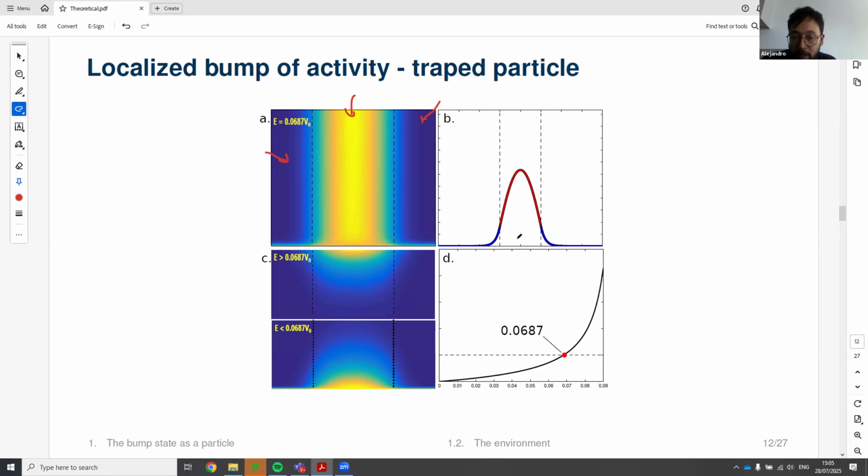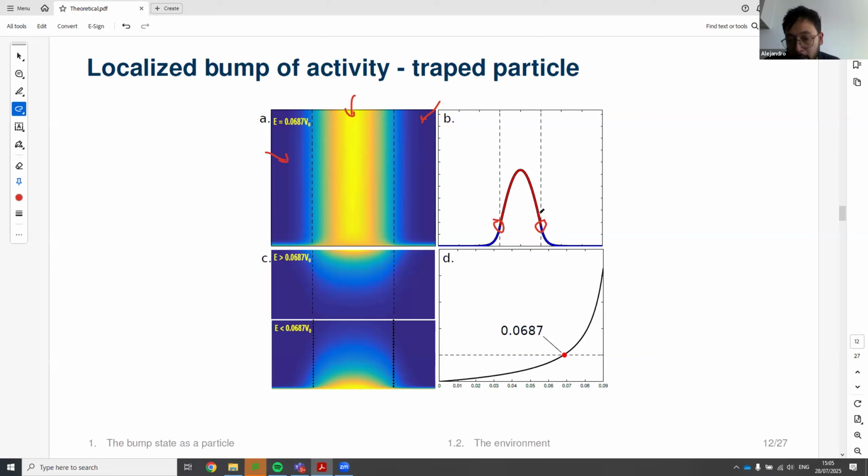In the traditional Schrödinger analysis, you find multiple energies in which the bump or the particle can exist in this well, but for this simple neural field, you only find one. And then you can even build the analytical solution by finding some consistency equations.